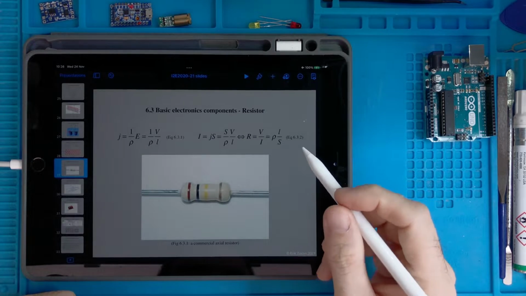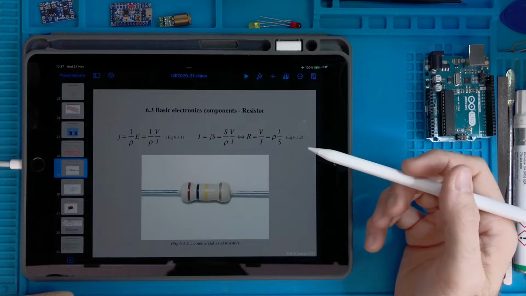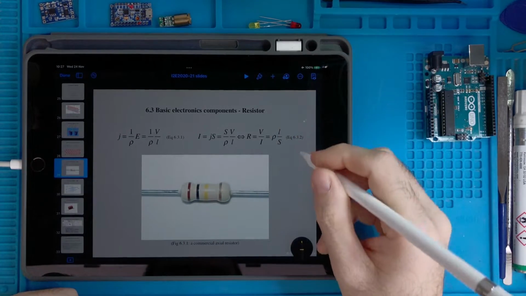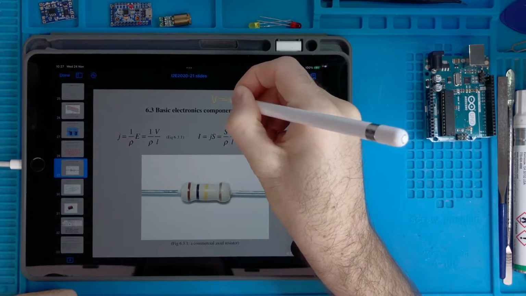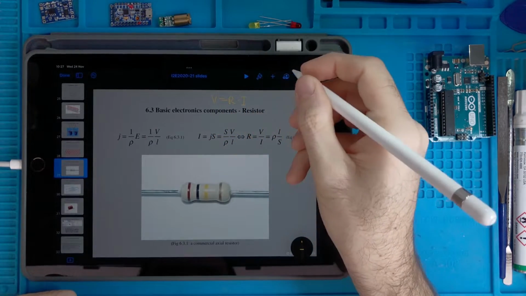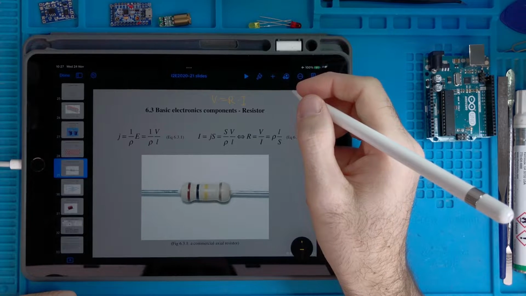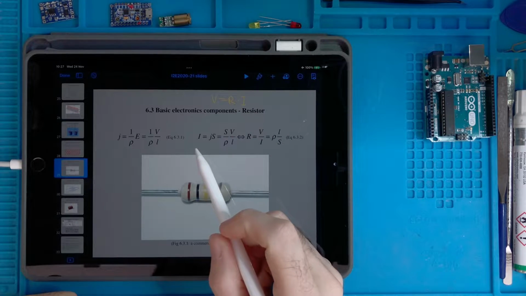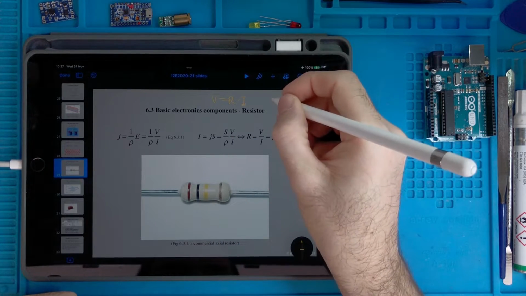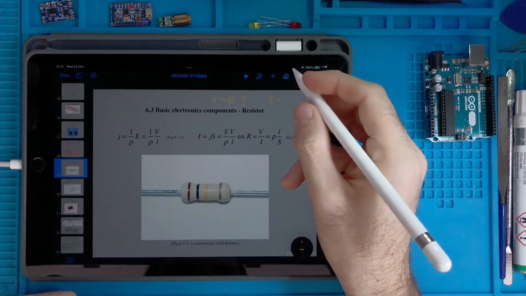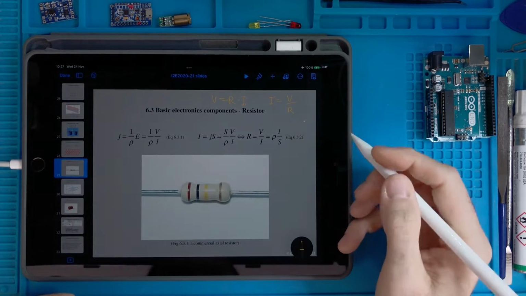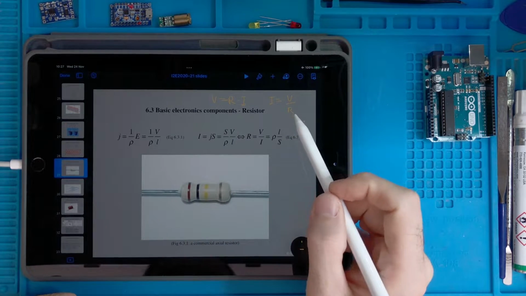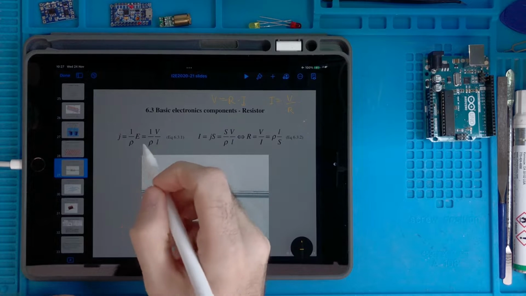We had our famous Ohm's law, and because of this law we had that V equals R multiplied by the current I, or conversely, I equals V over R. Then we have also the so-called local form of this, which is written here.